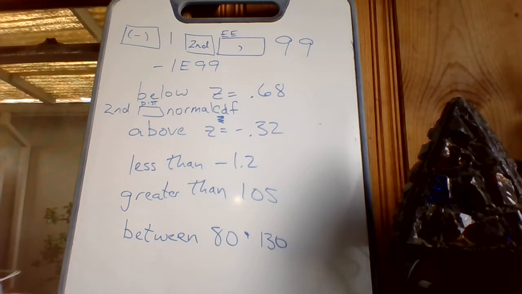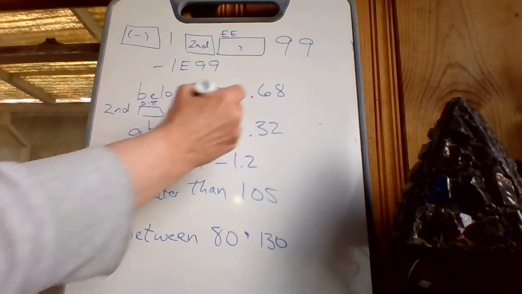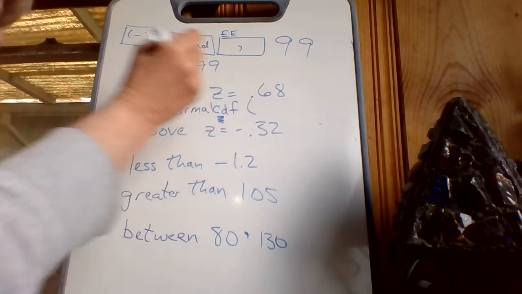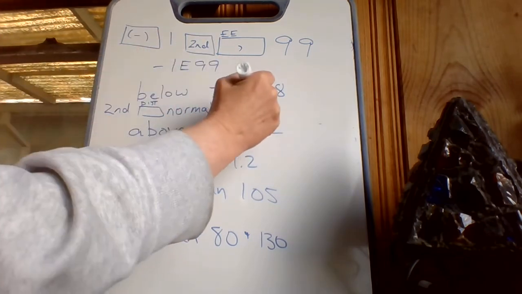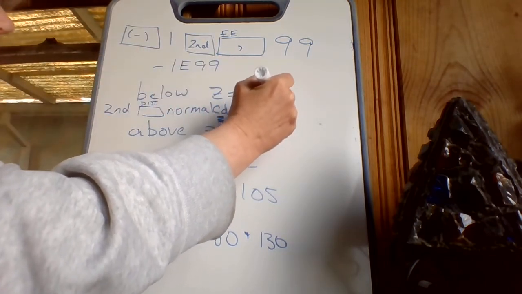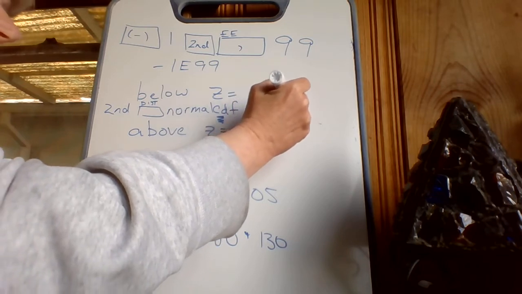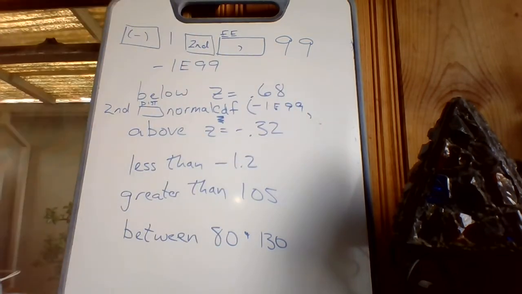Now, my calculator doesn't do anything else. I just have to know what to put in it. Your calculator might ask lower bound, upper bound, mean, standard deviation. Well, lower bound, the very first thing you write on the number line, was that negative 1E99. So if it's asking for lower bound, that's where you would type that.